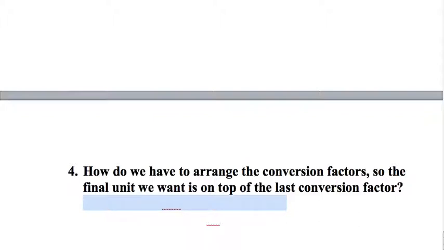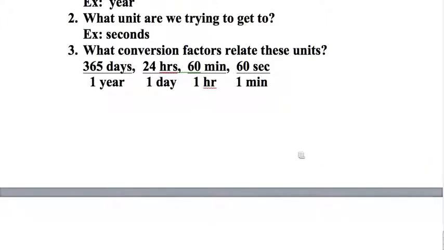So what I usually do is I start by writing what I'm starting with, which is 1 year, and then I leave a bunch of empty space, and then at the end I put the last conversion factor I want. And if you remember, we want seconds. So the last conversion factor we want is 60 seconds per minute, because hopefully that is going to give us the unit on top that we want in the end.